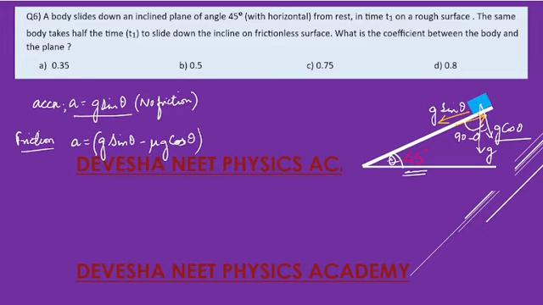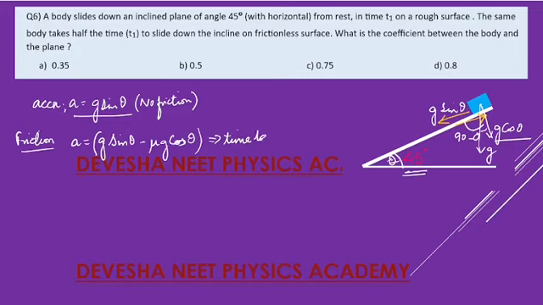Okay, so it's given that when this body is falling from the top, it takes half the time to fall if there is no friction on the surface. It means if there is friction, it is taking a time t1.